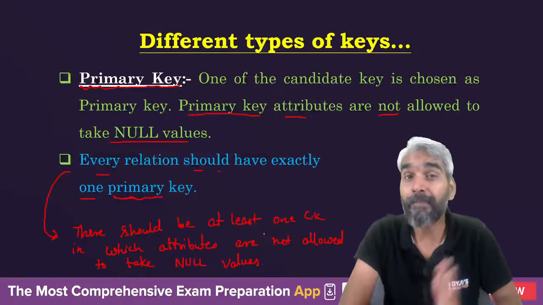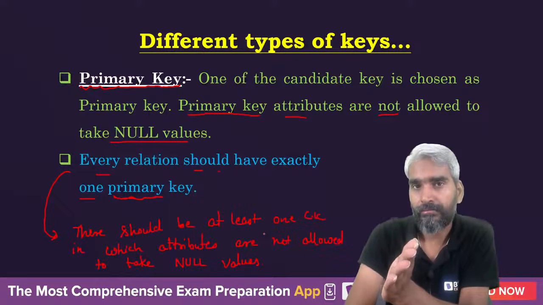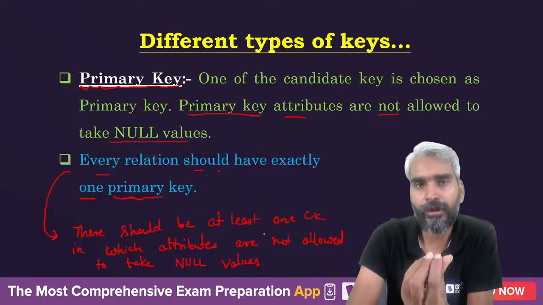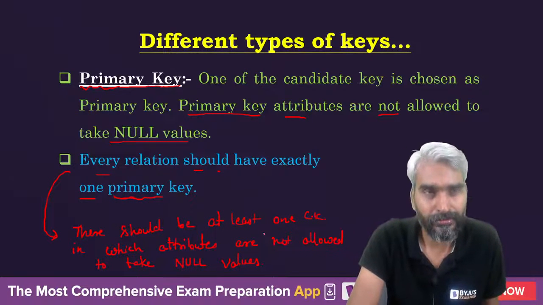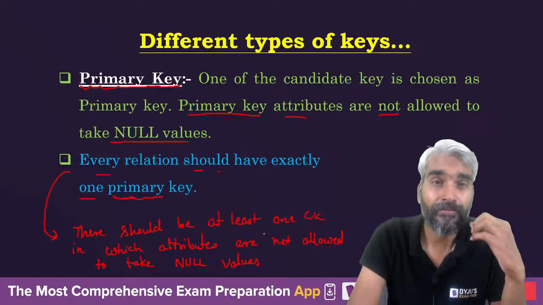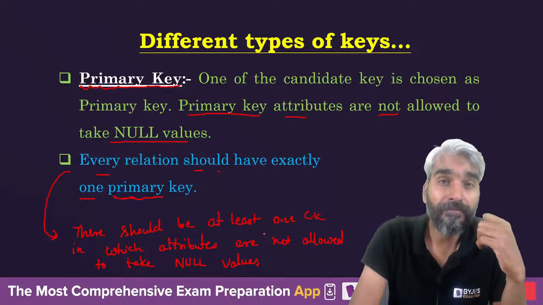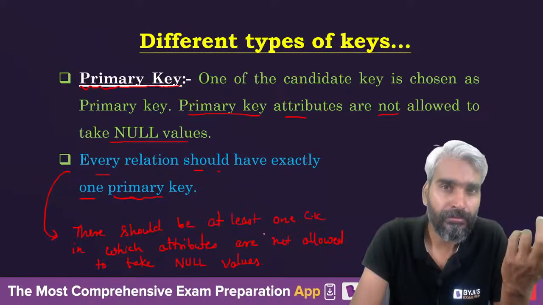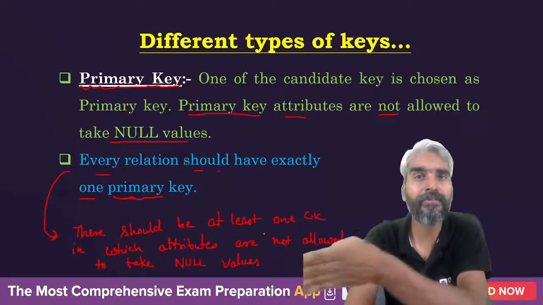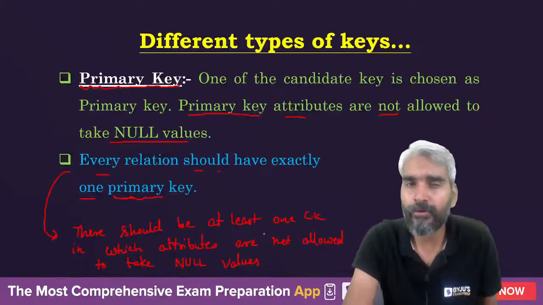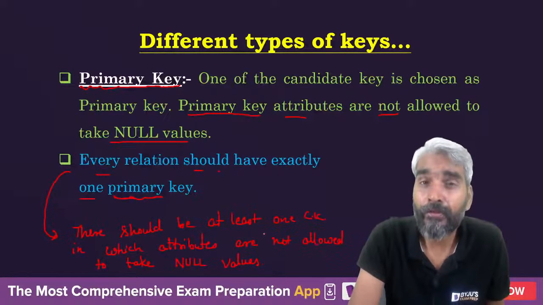But you can say, sir, passport number. Let's assume that passport number is a mandatory thing, so it's a different thing. But if somebody does not have a passport, then it is also possible that there may be a student who is not having a passport. Passport number will be unique in the table.